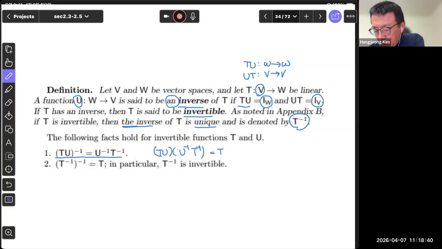So T U U inverse T inverse, and these two operations between U and U inverse will be the identity mapping. So we get T identity T inverse, and identity can be neglected.